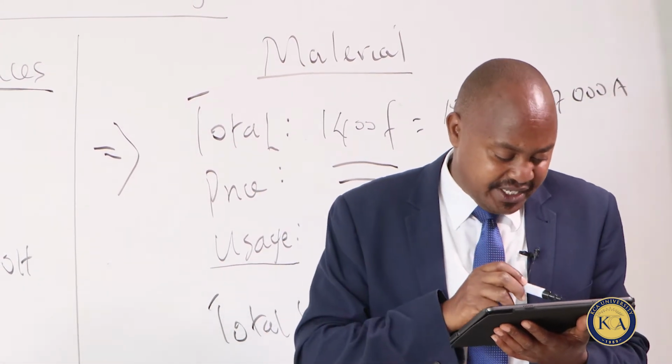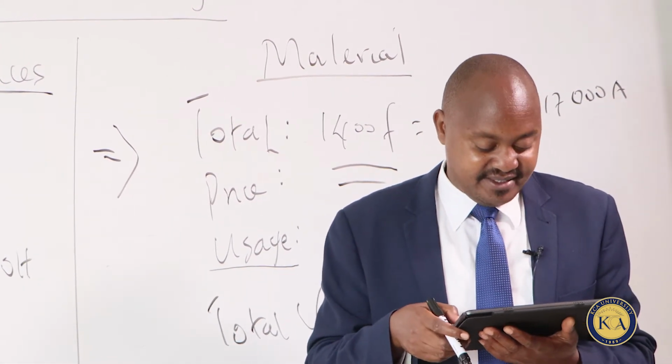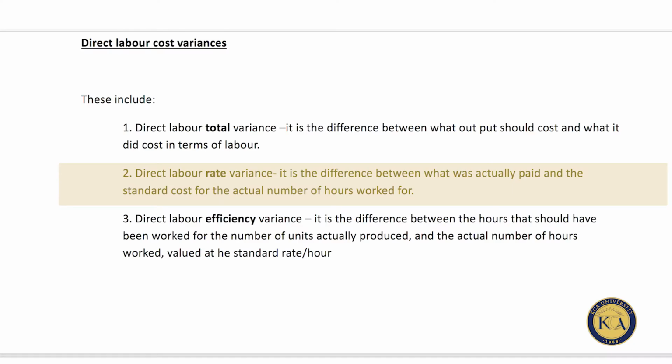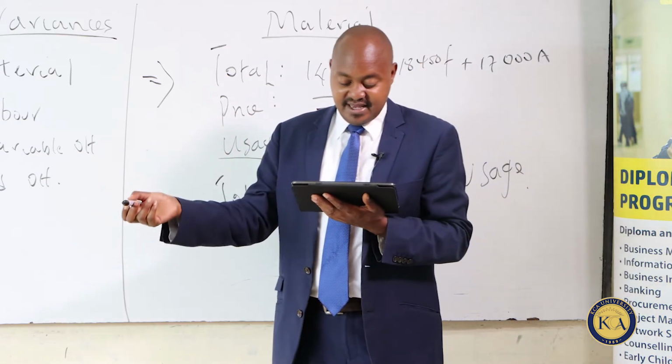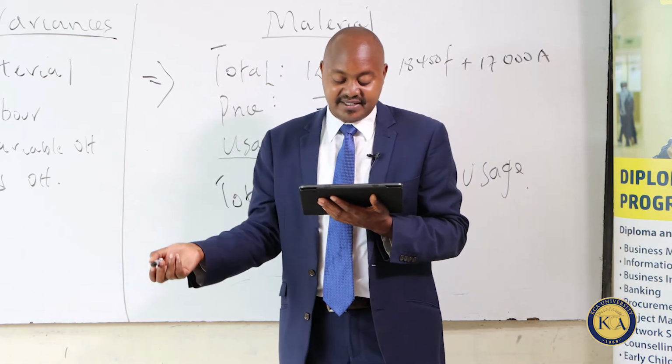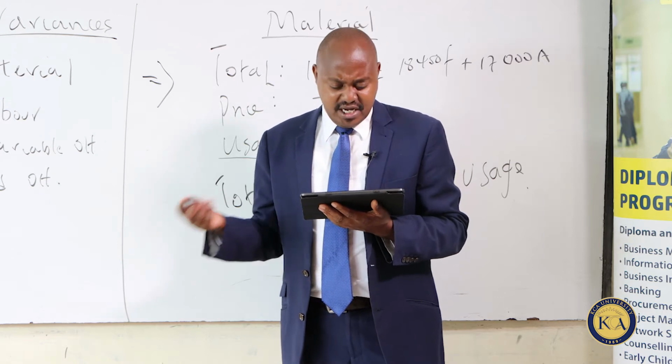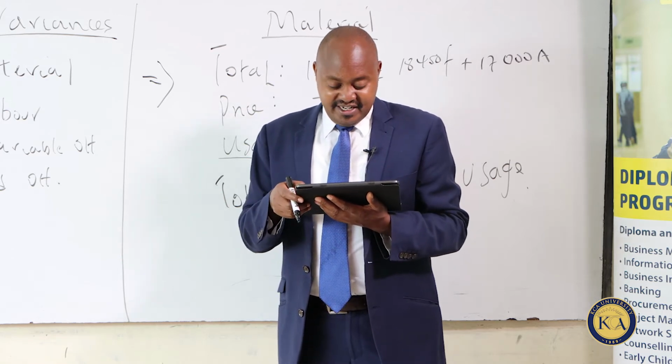So the direct labor rate variance is computed just like the material price variance, and it actually depends on the hours that were used in the production. So we look at the standard cost of those hours and the actual cost of the hours, and we get the difference. So that is the rate variance.